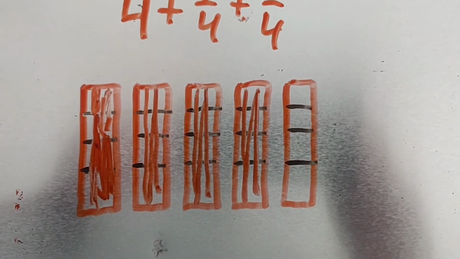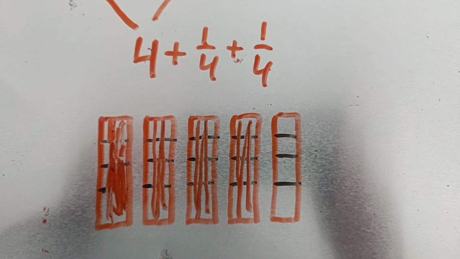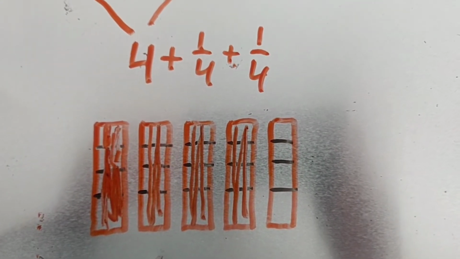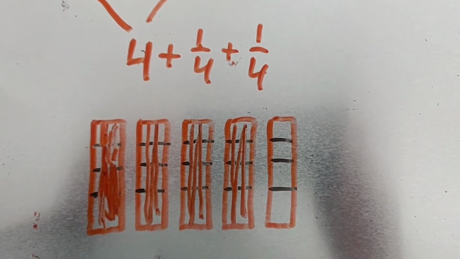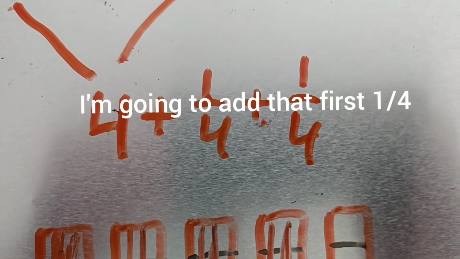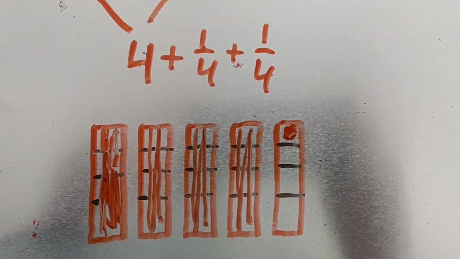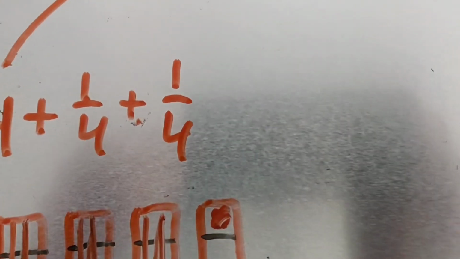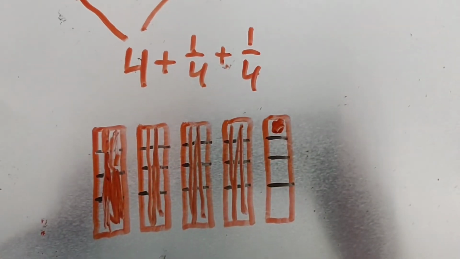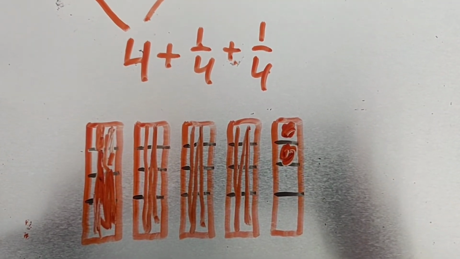And so I have an extra model there. It's broken into 4 equal parts because the denominator in 1/4 and 1/4 is 4. And I'm going to go ahead and add the first 1/4. And there I've done it. And now I'm going to go ahead and add that second 1/4. And there I've gone ahead and done it.